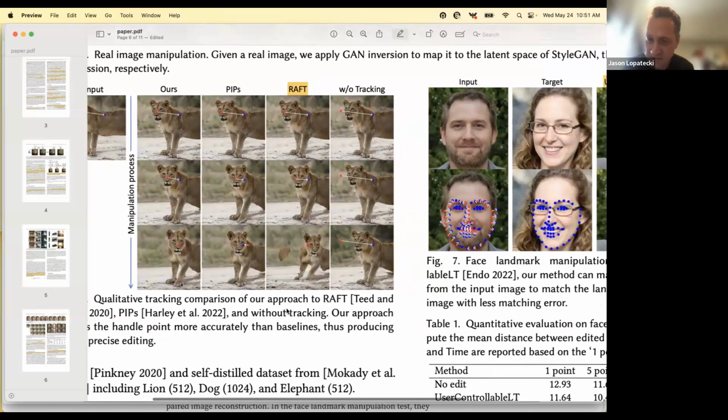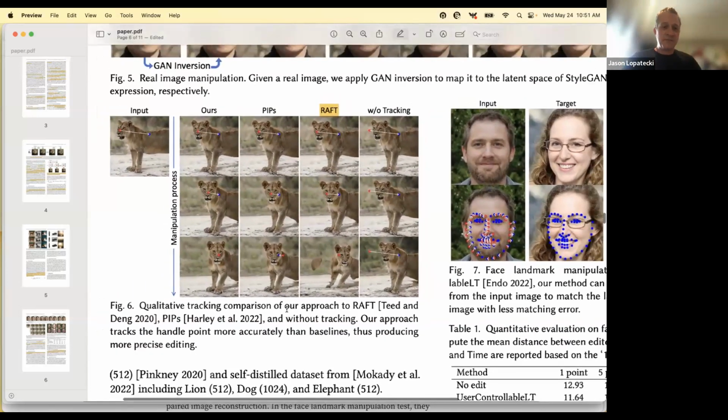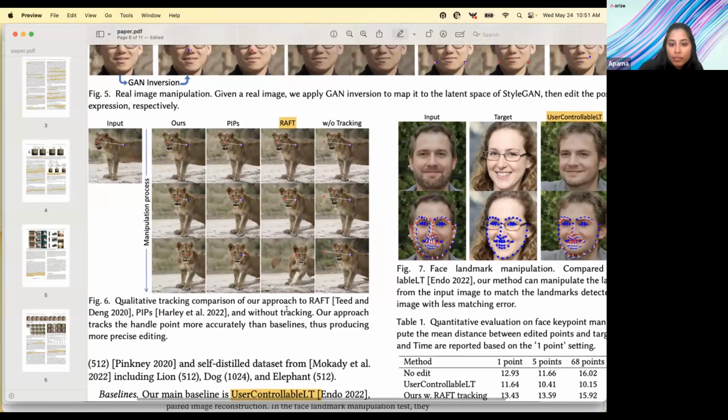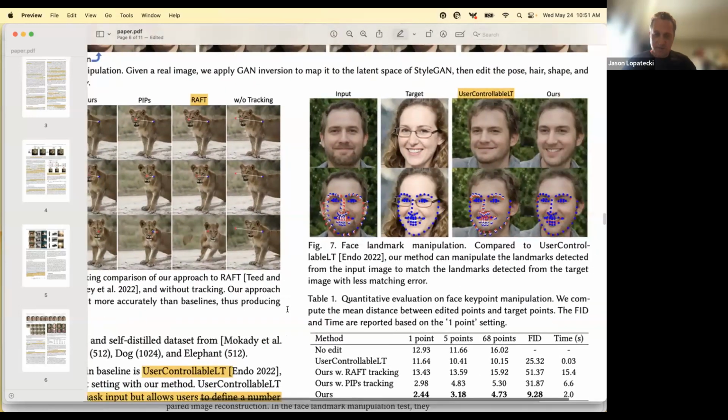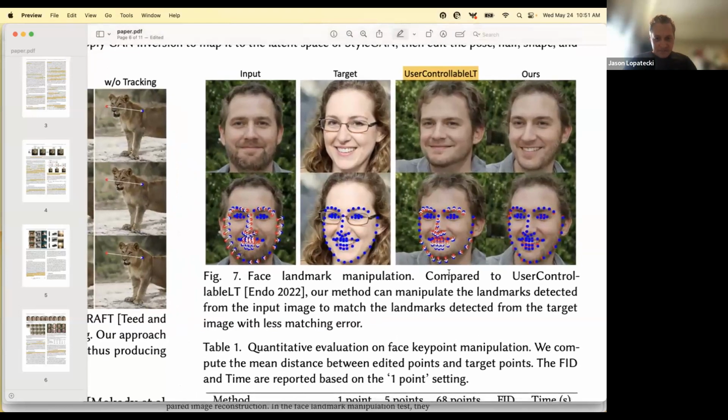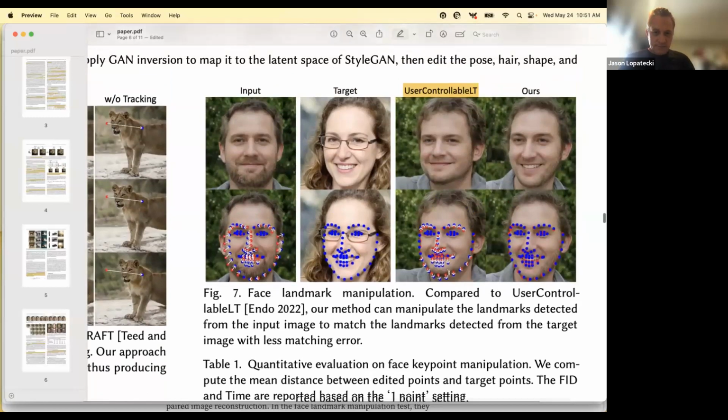So how well does point tracking occur? Yeah. And then the one on the right is actually comparable with the manipulation approach.